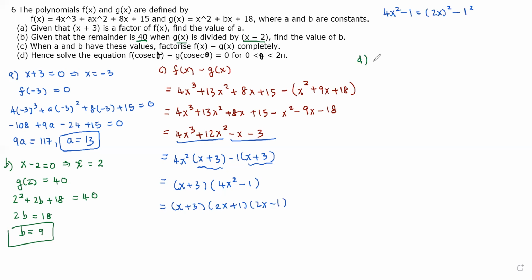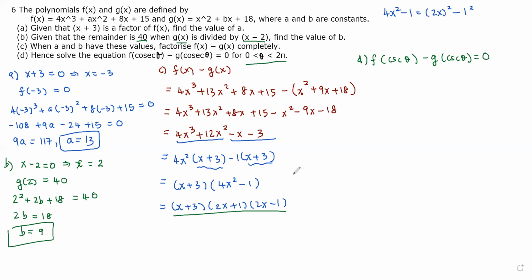Part D, you need to solve the equation that f of cosecant theta minus g of cosecant theta equals 0 for theta in between 0 and 2 pi. Well, f(x) minus g(x), meaning that x is cosecant theta. And f(x) minus g(x) can be factored into this part.